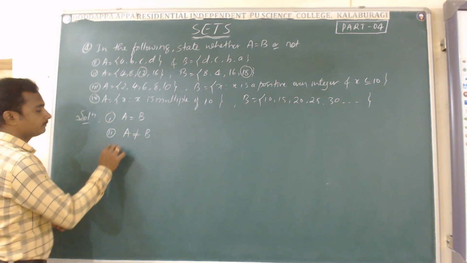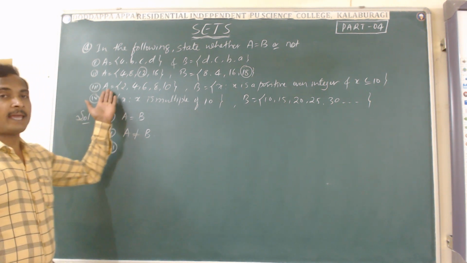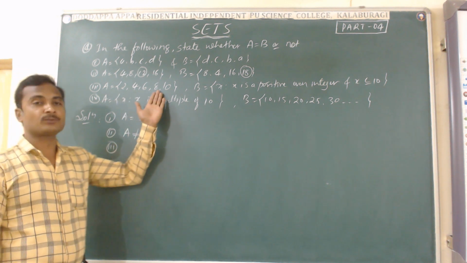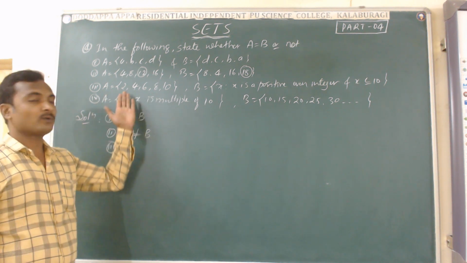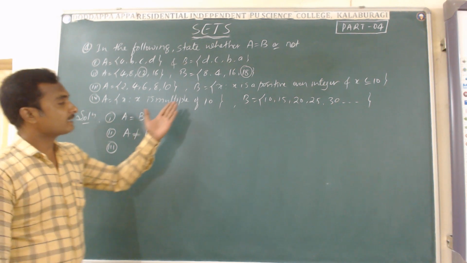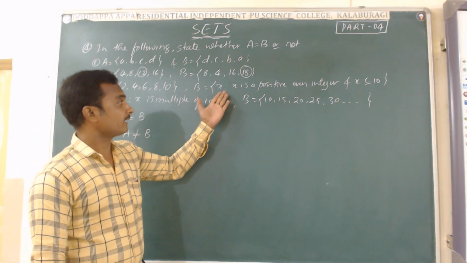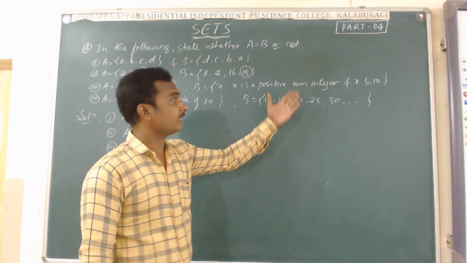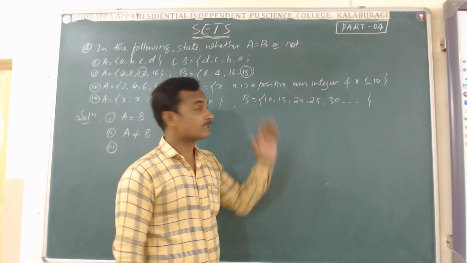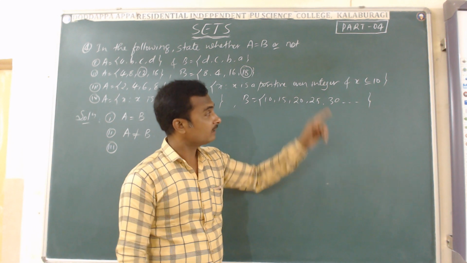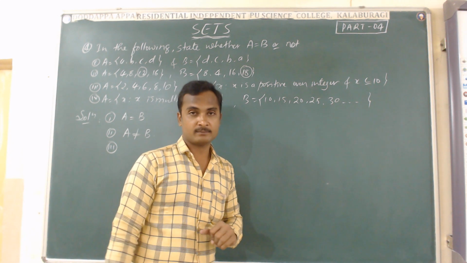Third one. The set A equals 2, 4, 6, 8, 10, and the set B is given in the set builder form. The set of all x such that x is a positive even integer, and x is less than or equal to 10, right?